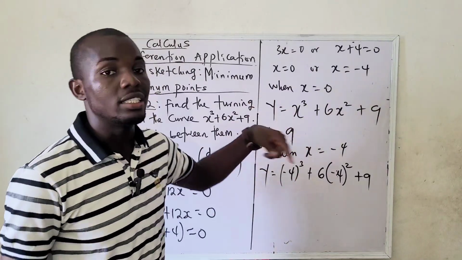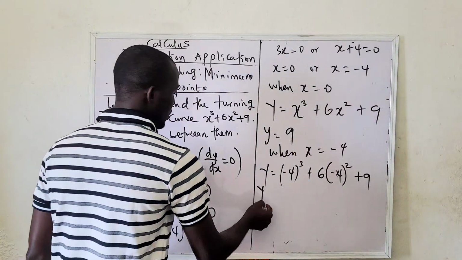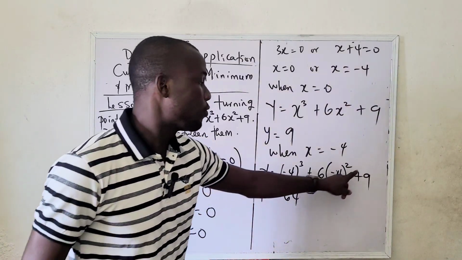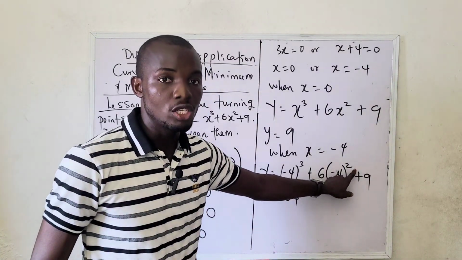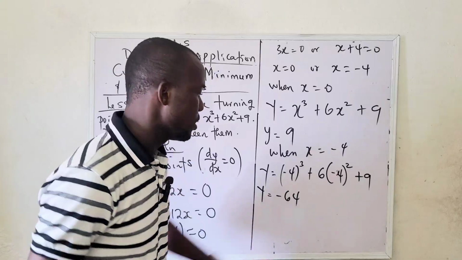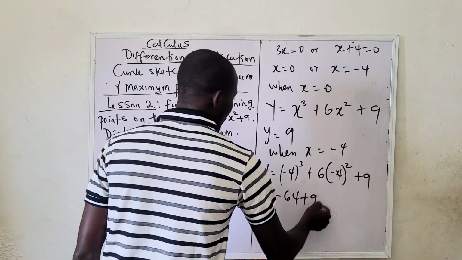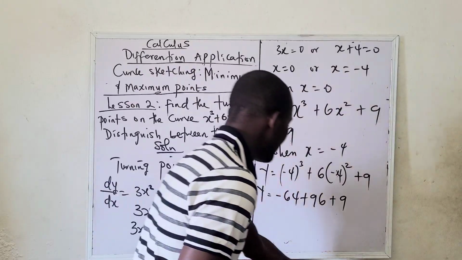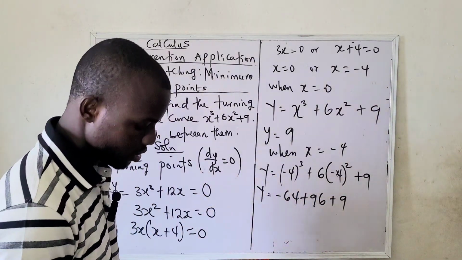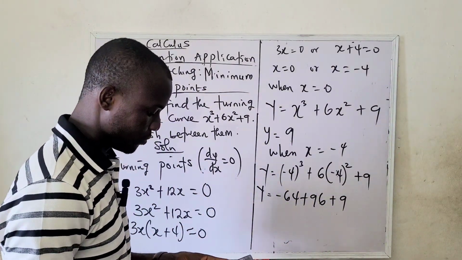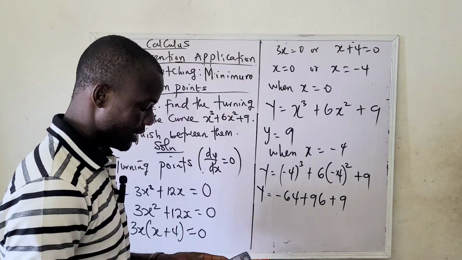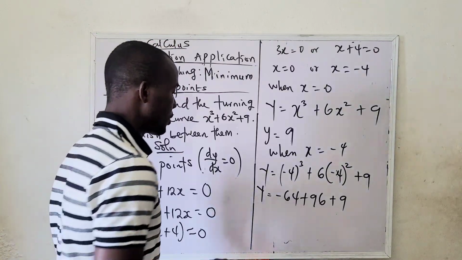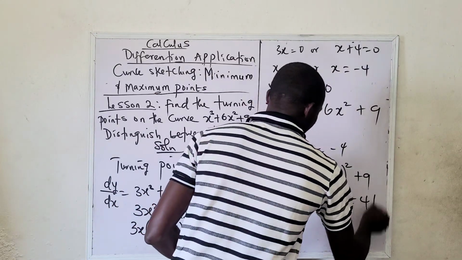The cube of -4 will be -64. And the square of 4 is 16; 16 times 6 is 96, plus 9. So -64 plus 96 plus 9 will give us 41.